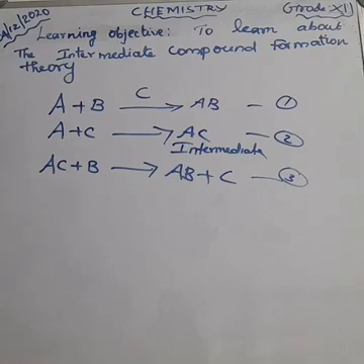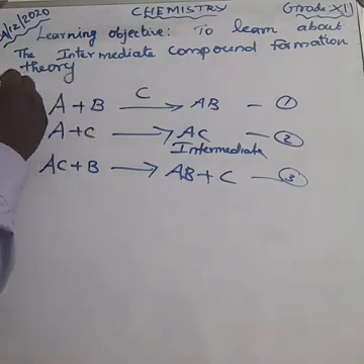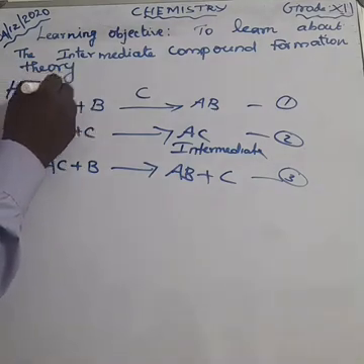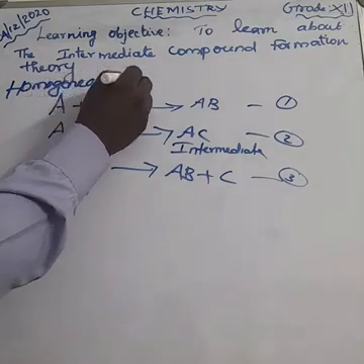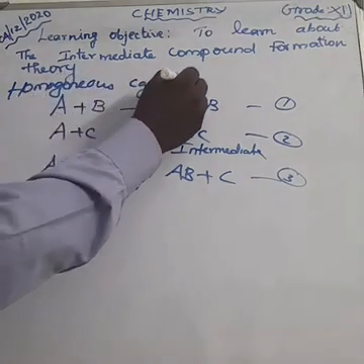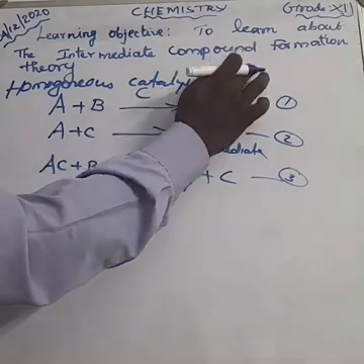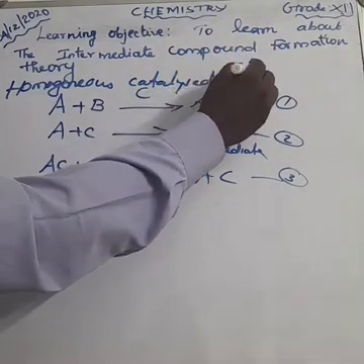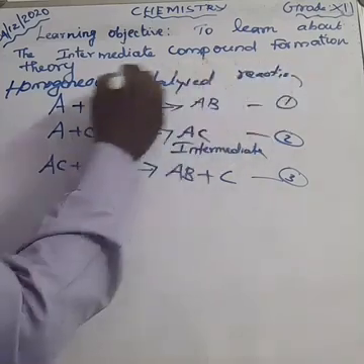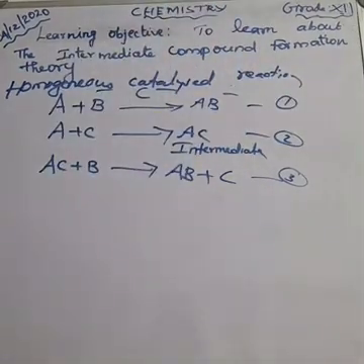It is the intermediate compound formation theory. It is one of the homogeneous catalyst reactions. Which type of catalyst reaction? Homogeneous. Don't forget that. The intermediate compound formation theory is a homogeneous catalyst reaction.